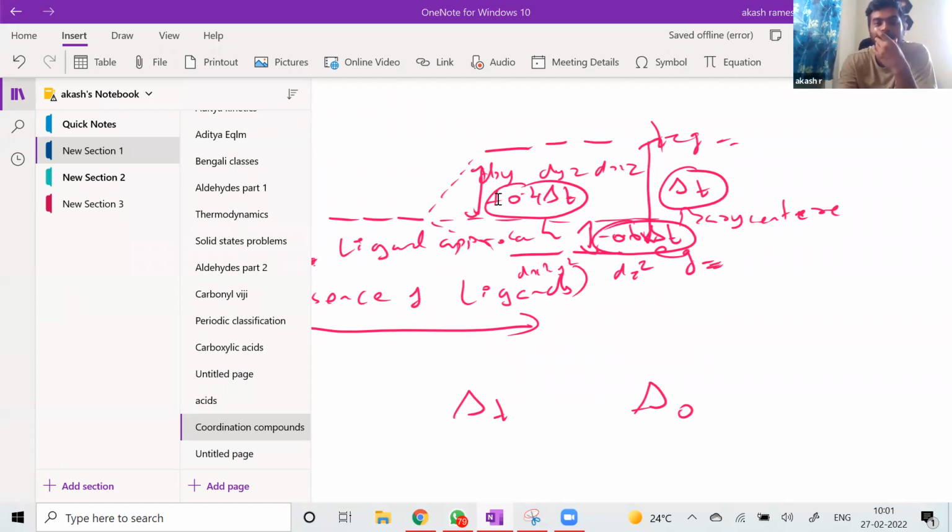Okay, Ashik says octahedral. Go on, people. We have 9 students here. It doesn't matter whether you're right or wrong. Okay, Nikhilesh says octahedral.